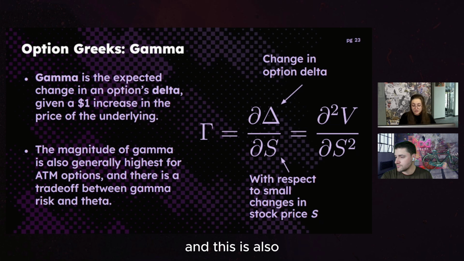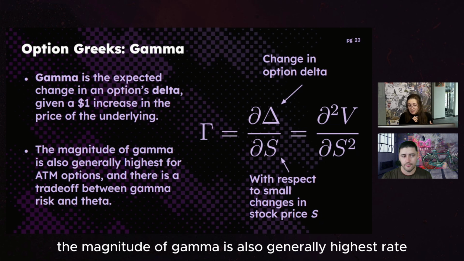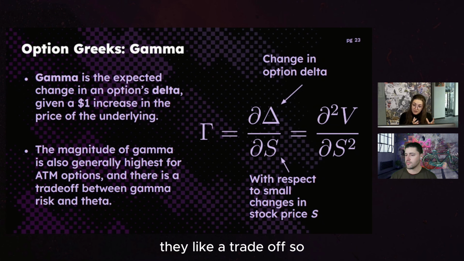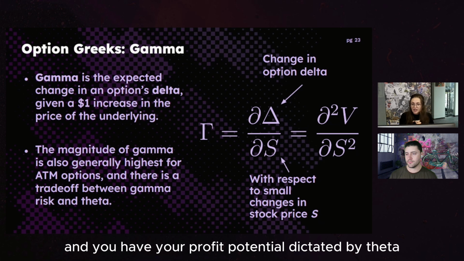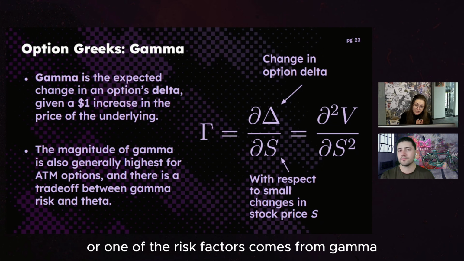And there's a trade-off between gamma and theta. The magnitude of gamma is also generally highest for at the money options. When we say there's a trade-off, positions with higher gamma tend to also have higher theta. So for instance, if you're selling an option and your profit potential is dictated by theta, one of the risk factors comes from gamma.